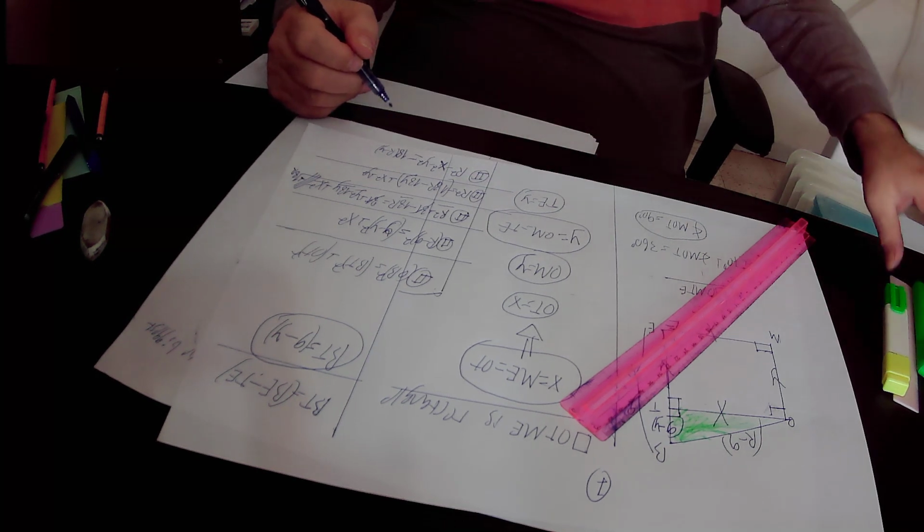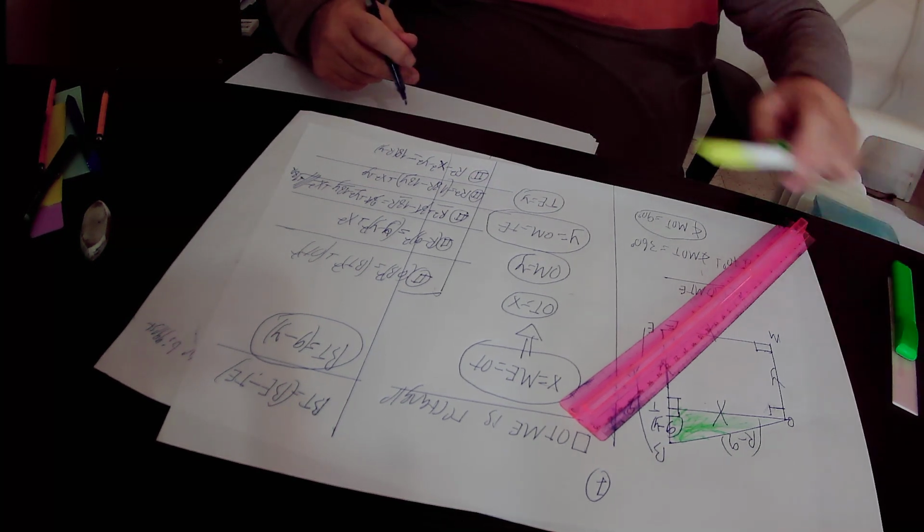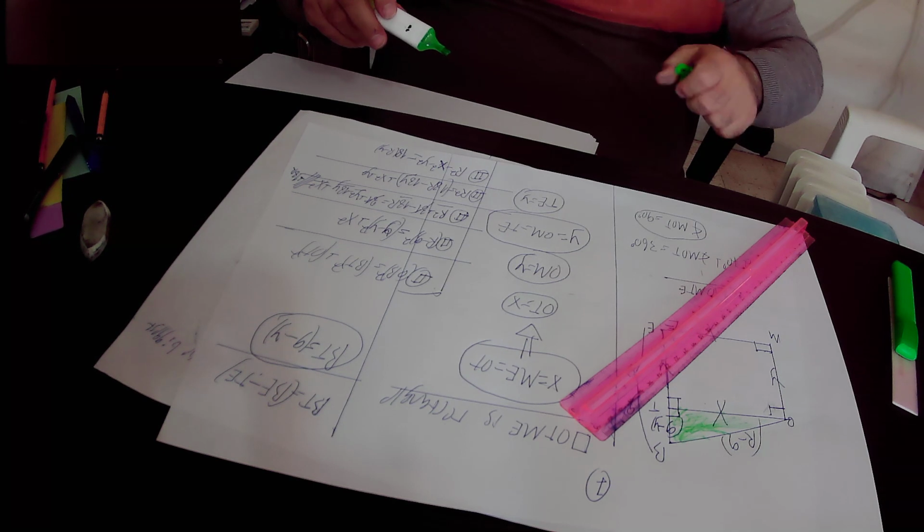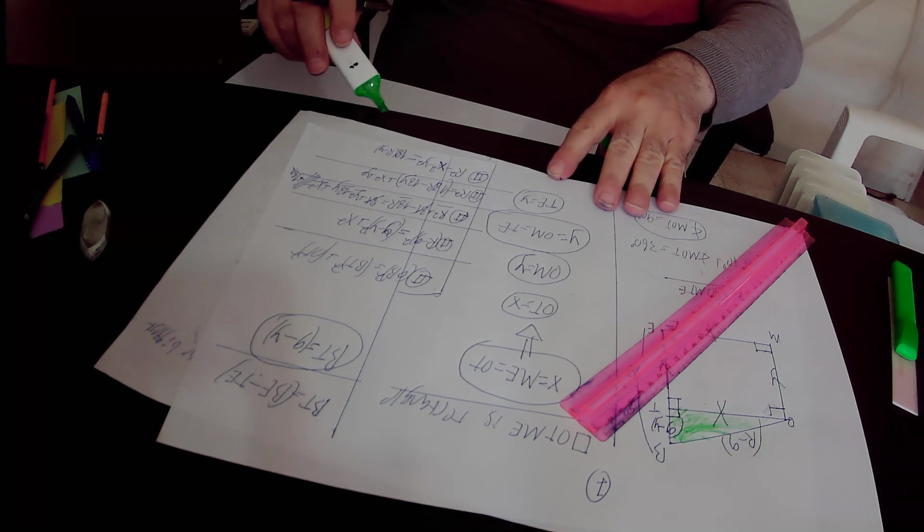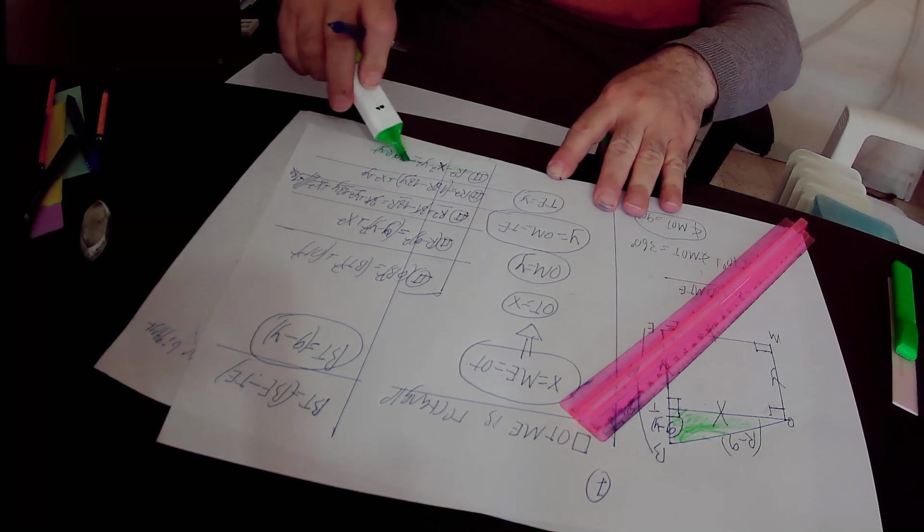So in conclusion, according to equation number 2, r squared minus x squared minus y squared equals 18 times (r minus y).